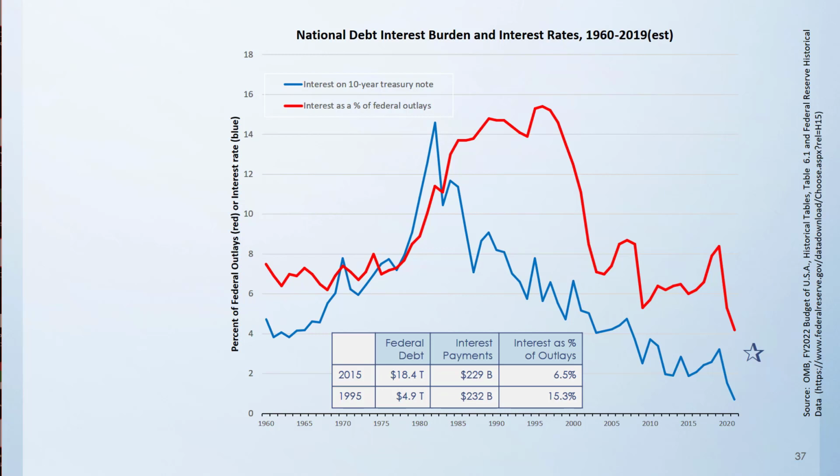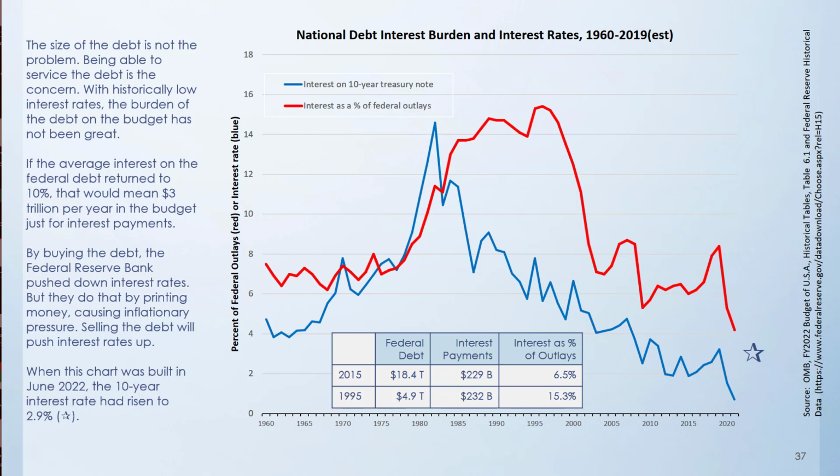And the table shows that in just a 20-year period, the federal debt increased 3.5-fold, but interest payments actually fell because interest rates had fallen so dramatically from the mid-90s to 2015. And so the size of the debt's not the problem.